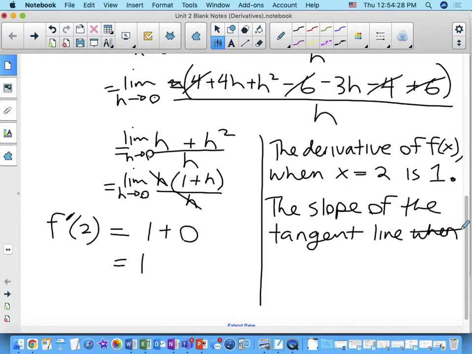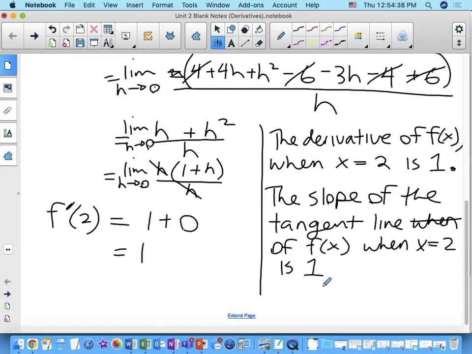F prime of 2 equals 1. These all sort of say the same thing.